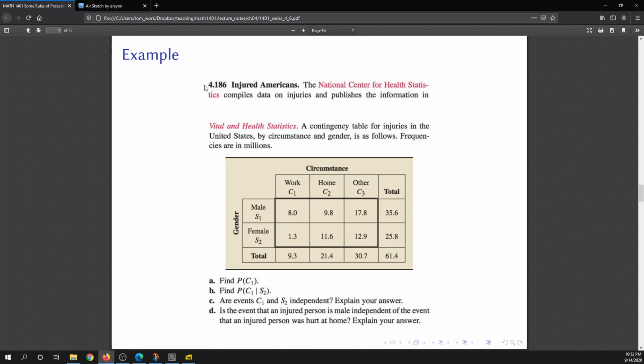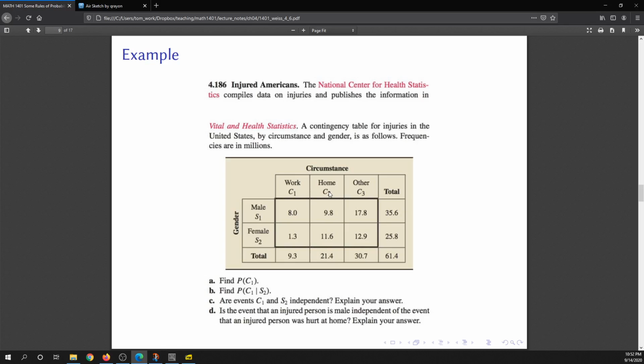All right, so let's take a look at example 4.186 from our book. It says the National Center for Health Statistics compiles data on injuries and publishes the information in Vital and Health Statistics. A contingency table for injuries in the United States by circumstance and gender is as follows. Frequencies are in millions. Here is our contingency table.